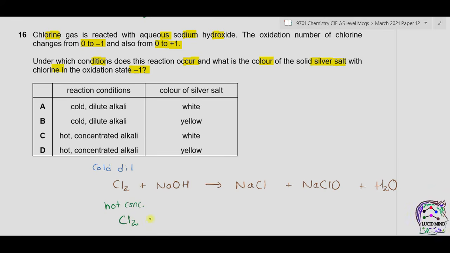Cl2 plus sodium hydroxide will form sodium chloride, NaCl, NaClO3 along with water. The oxidation state of chlorine in molecular form is 0. In NaCl it is -1. Let's find the oxidation state of chlorine in NaClO and NaClO3.